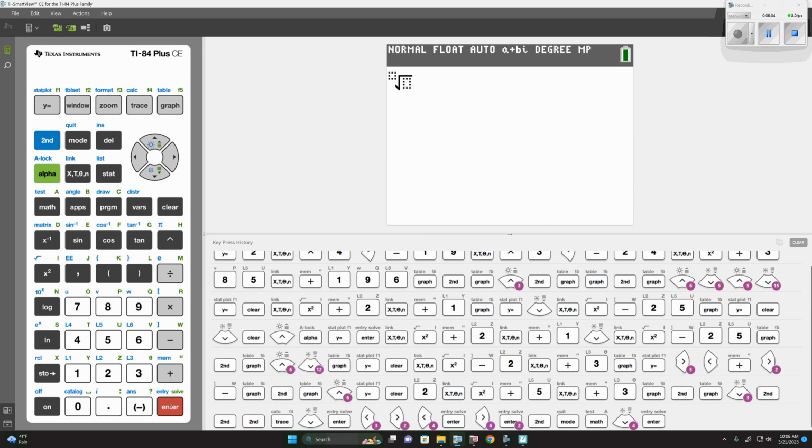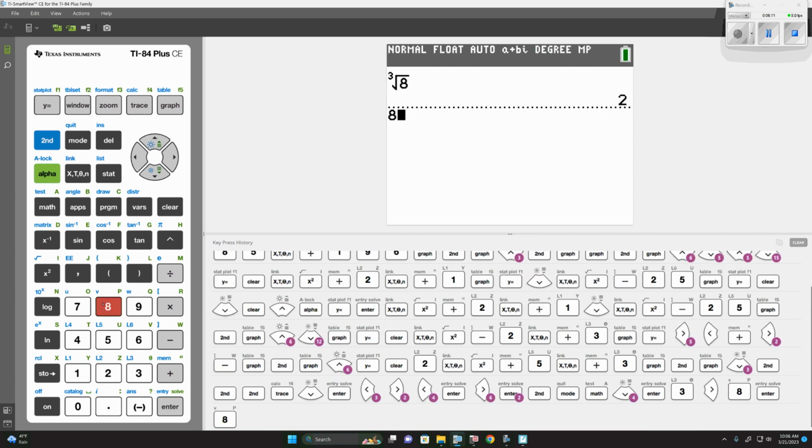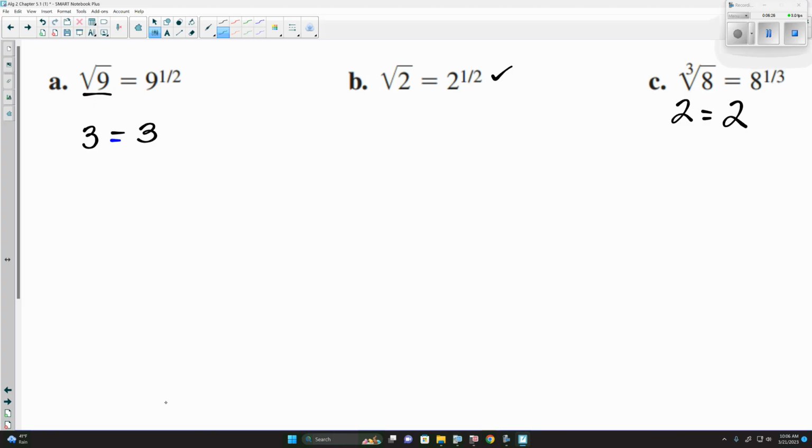So if we did the nth root, I can just fill a number in and do 8. Or we can say 8 to the 1 divided by 3. We get the exact same thing. Questions on this so far?